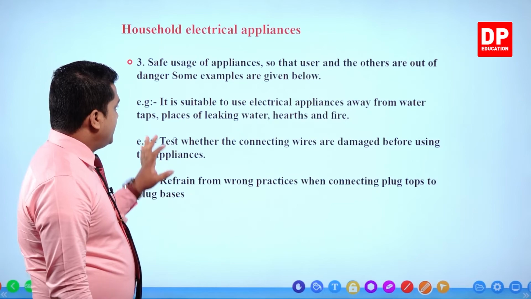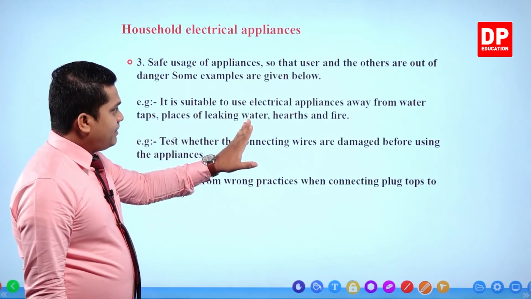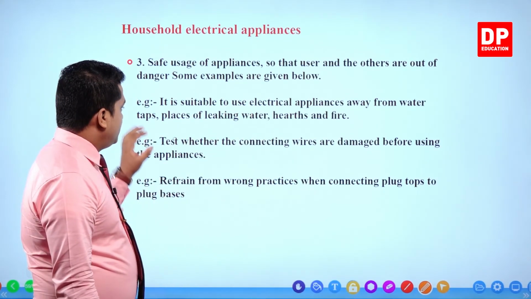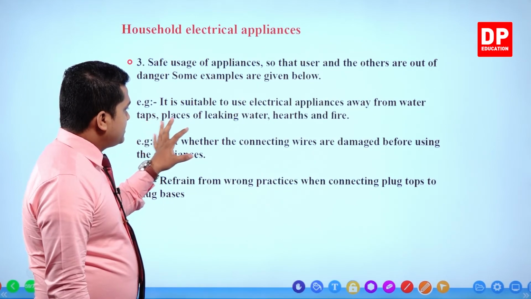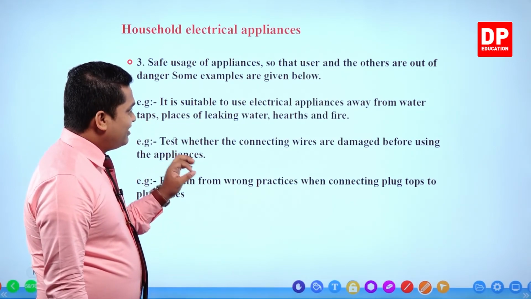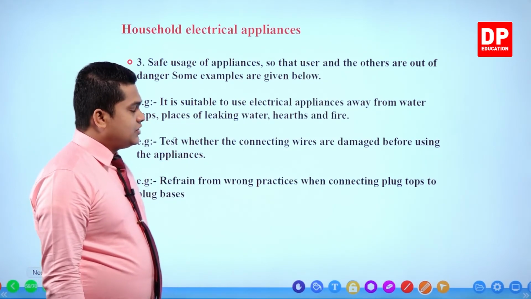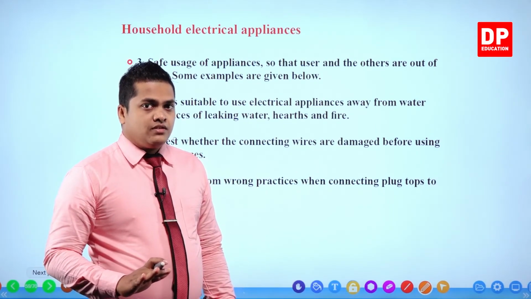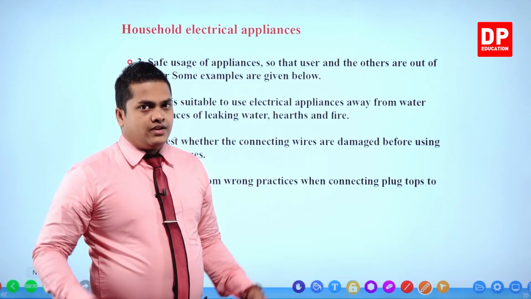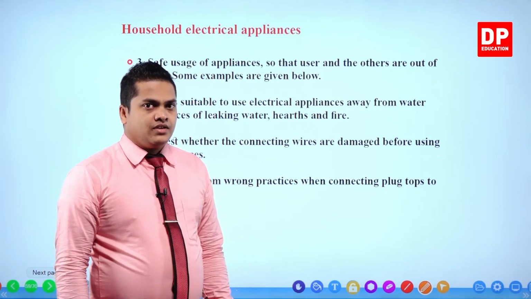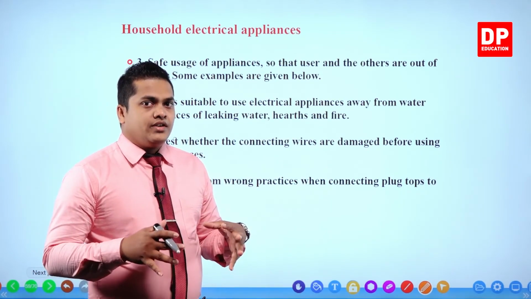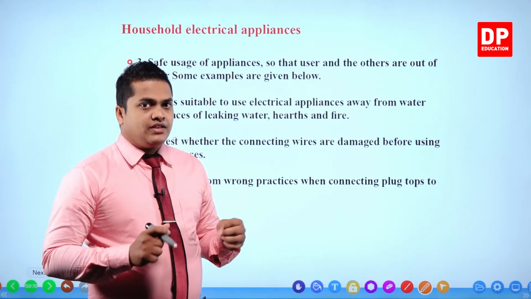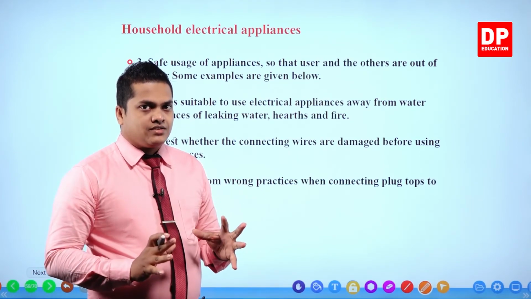It is suitable to use electrical appliances away from water taps, places of leaking water, hearths and fire. So we need to keep electrical instruments away from water, hearths and fire.